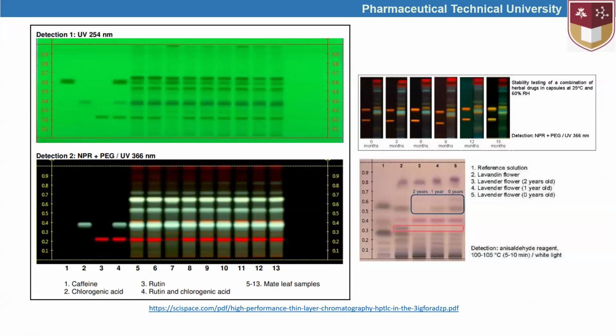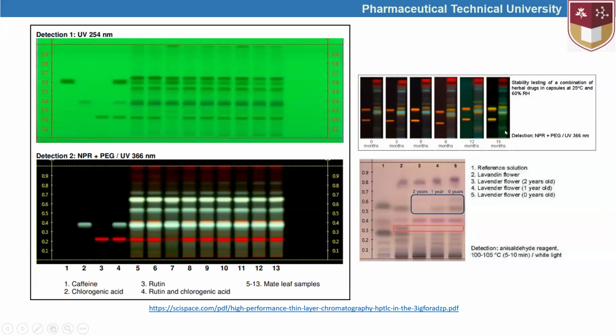And this is another example about the stability testing of a combination of herbal drugs in capsules at 25 centigrade and 60% RH. And here we can see some comparison between 0 month and after 16 months. Yeah, this is a very good example about the stability test within 18 months.